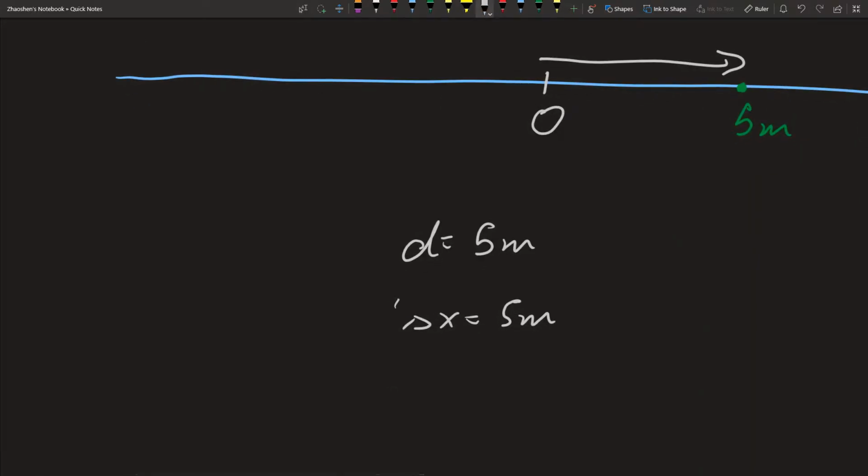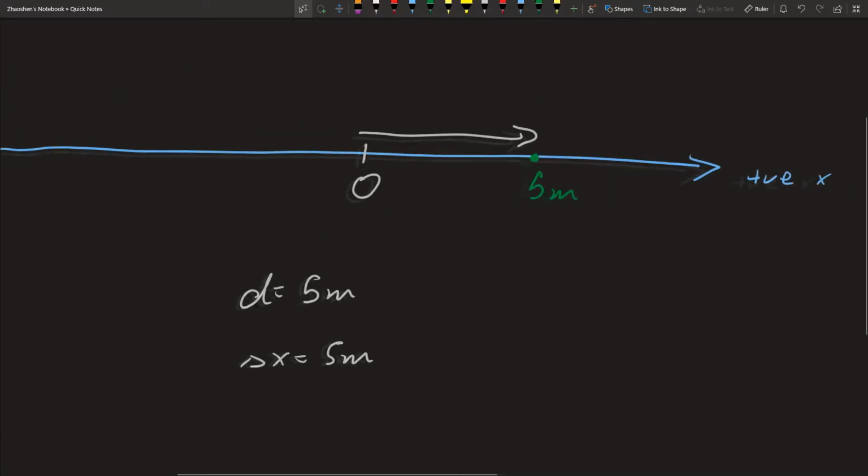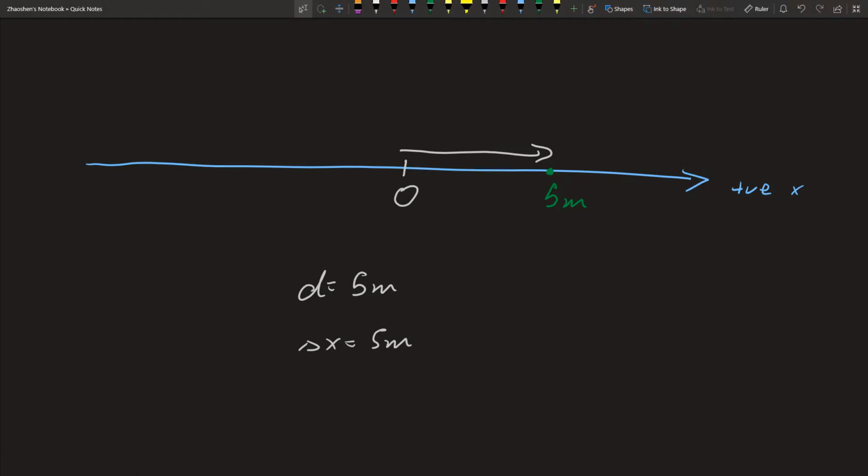Now, what is this delta x over here? Now, x is your position, right? Because right now, since you're in 1D, we don't need vectors at all. So we don't need to write this vector notation, even though, yes, the position is a vector quantity, but for one-dimensional motion, you don't need to specify that, okay?